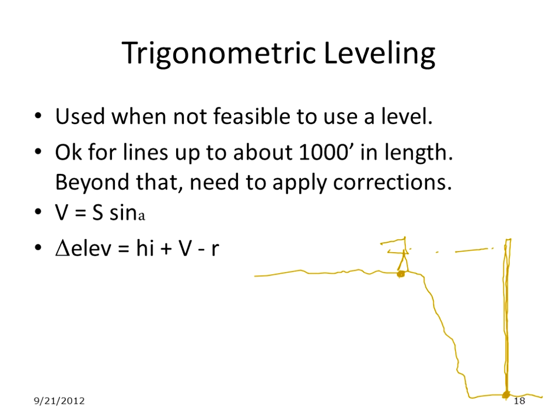If your piece of equipment is set up here on top of the cliff, you need this horizontal line to be able to read the rod. There's no way you're going to have a rod several hundred or thousand feet tall, correct? So you're going to have to do something different, and that would be trigonometric leveling. It's used when it's not feasible to use an actual level.